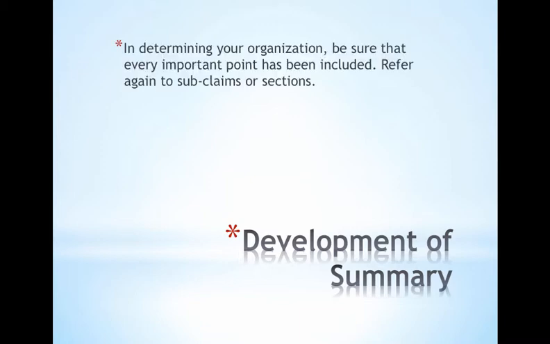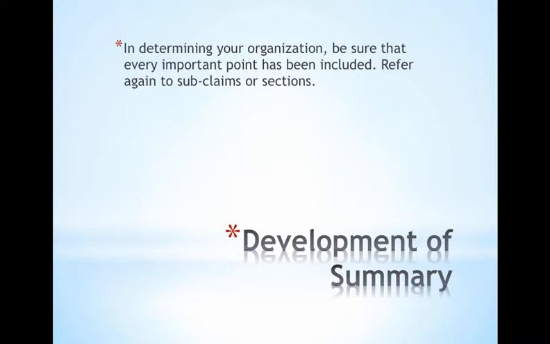Next, the development of the summary. That is, what information do you put in this summary? In determining your organization, you want to be sure that every single important point has been included. So you want to refer again to what are the sections of the article, what are the subclaims that are made. We know you've got the claim in there already. It's the first sentence every time.